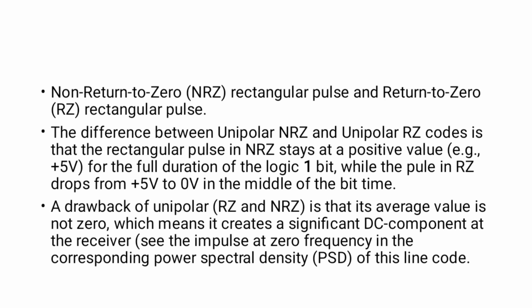That is the difference between RZ and NRZ. The drawback of unipolar is that its average value is not 0, which means it creates a significant DC component at the receiver. We must suppress the DC component, but in this case it will be present at the receiver.